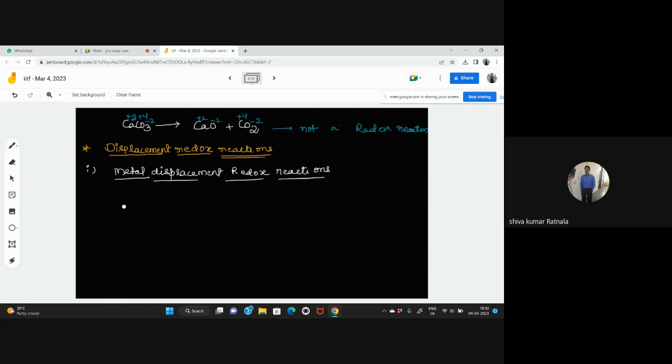Now see, for example, when zinc reacts with copper sulfate, it will form zinc sulfate plus copper. Now in this one, try to find out the oxidation states.